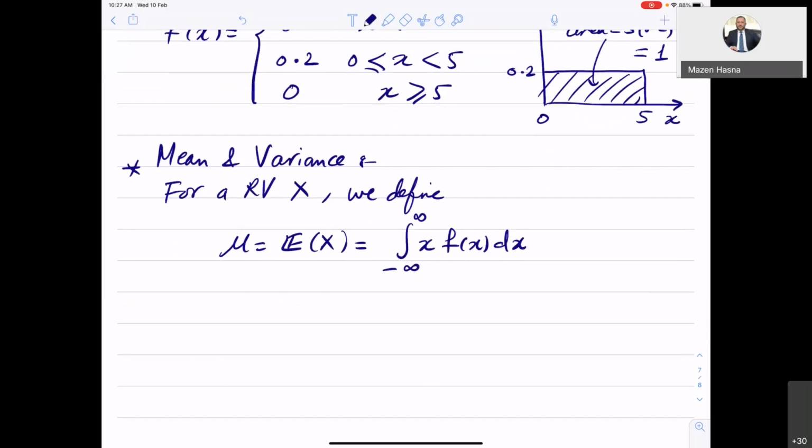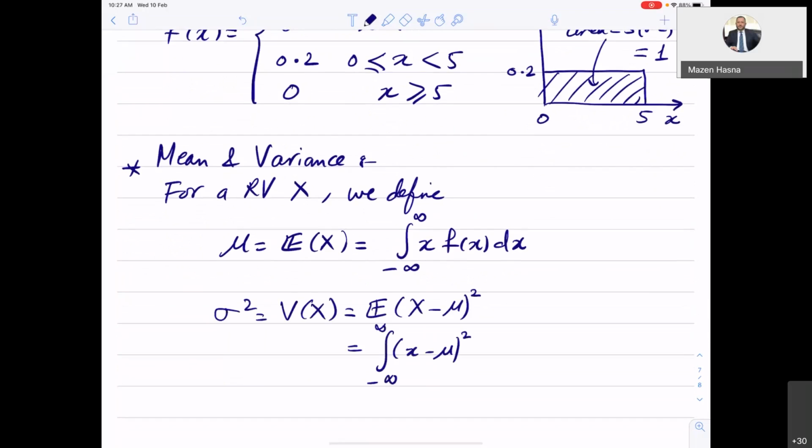And the variance, sigma squared, which is V of x, which is the expected value of (x minus mu) squared, is the integration from minus infinity to infinity of (x minus mu) squared f of x dx. Exactly the same, just replace the summation with an integration.